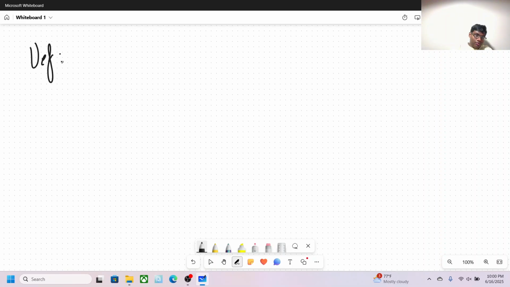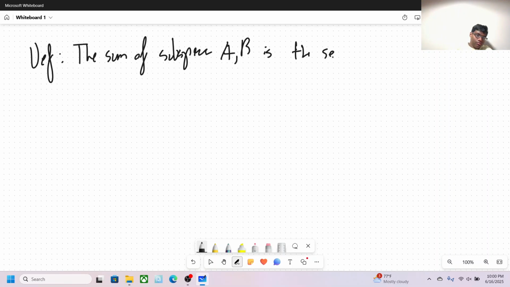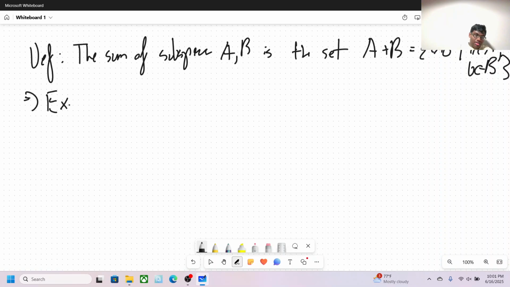Definition: the sum of subspaces A and B is the set A plus B equals the set of a plus b for a in A and b in B. So here, A plus B is the set of all sums, one in A and one in B. And I claim, and I'm going to leave this as an exercise, that A plus B is a subspace since A and B are subspaces.